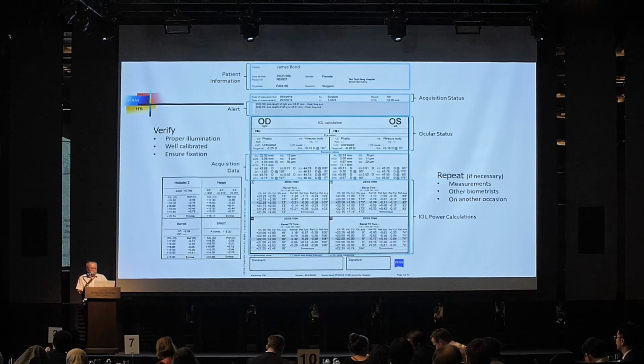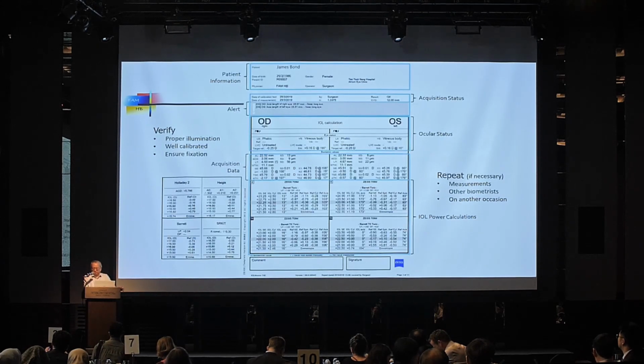This is the old way of printing out the spherical equivalent only. I don't use that anymore. I just use the toric formula. Like I said, whether you use toric IOL or not, it gives you a better understanding of what the patient's post-op refractive outcome is like.